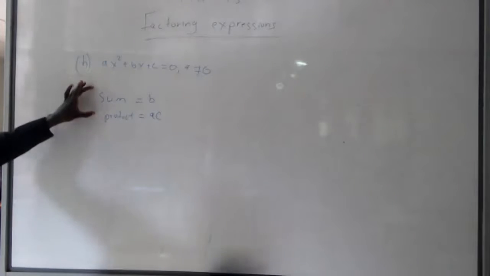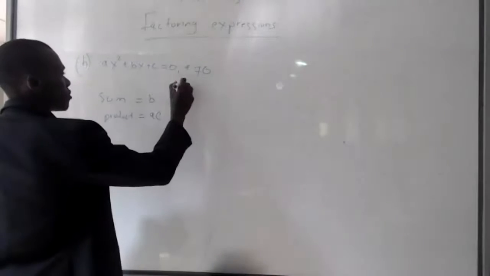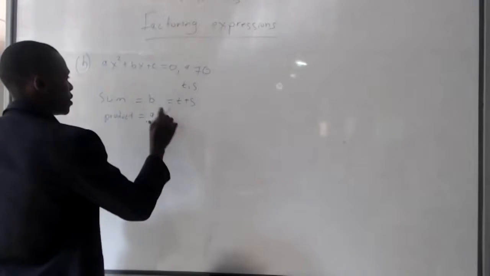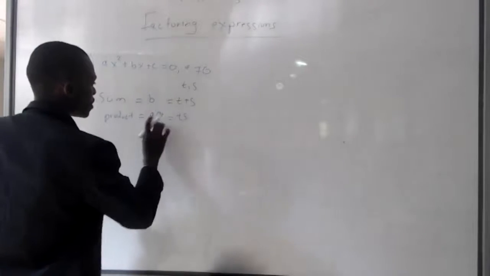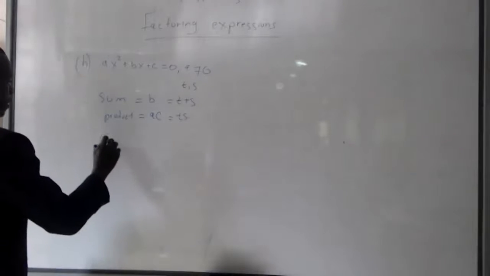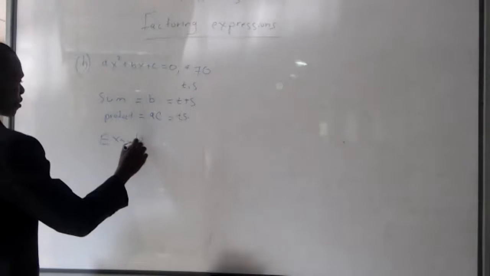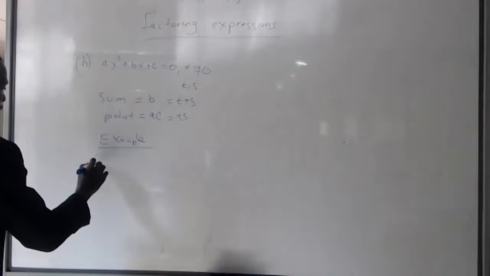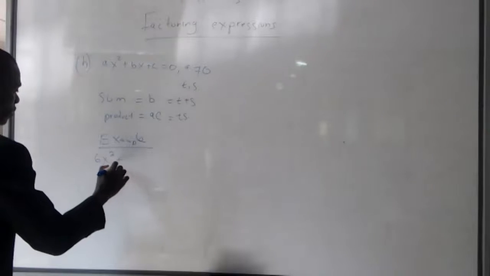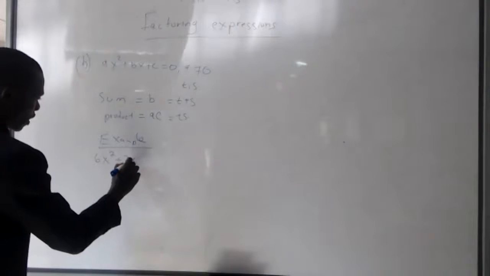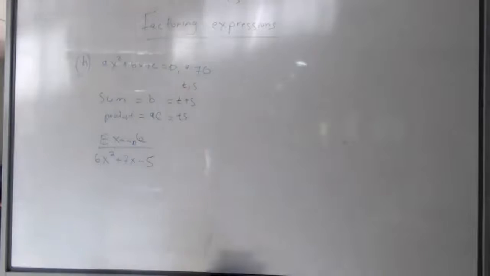We look for two numbers, T and S, such that T plus S is B and T times S is AC. Let me give you an example. Suppose you want to factorize an expression like 6x squared plus 7x minus 5.